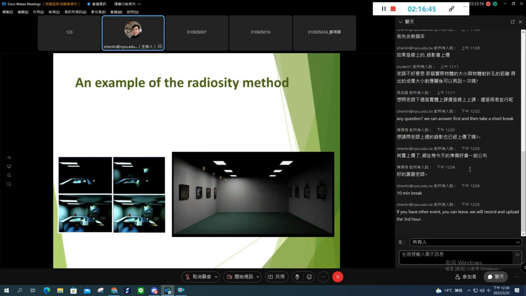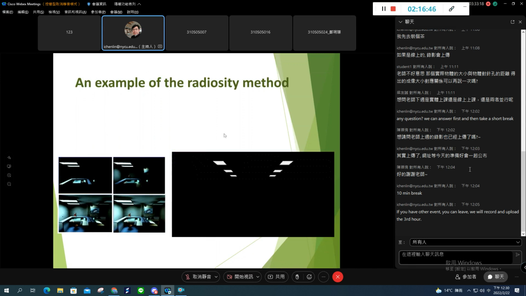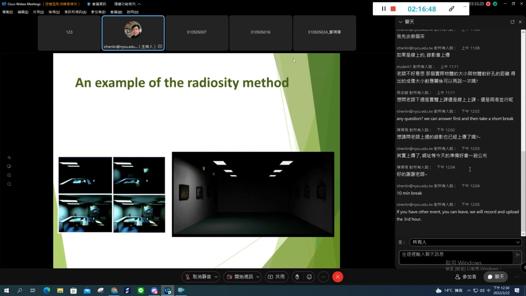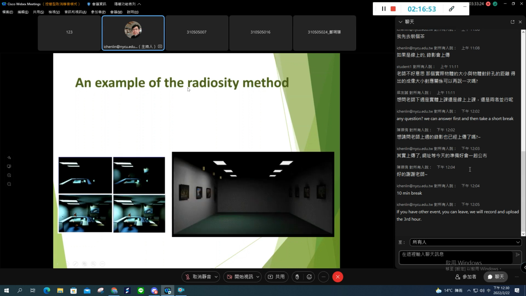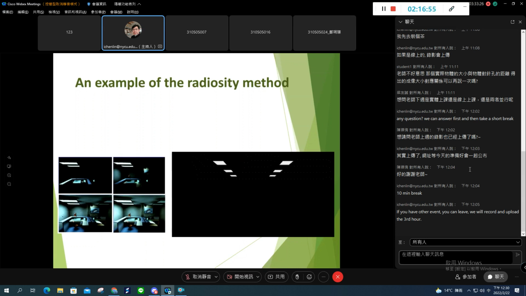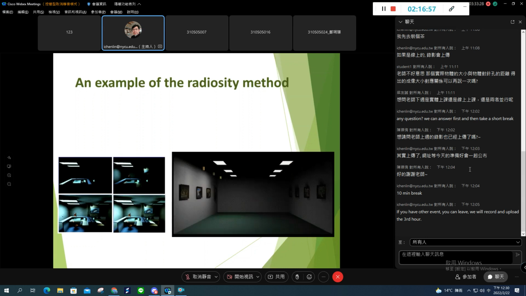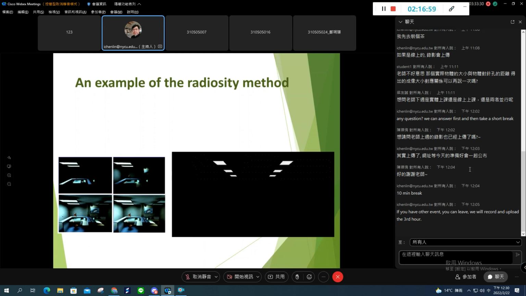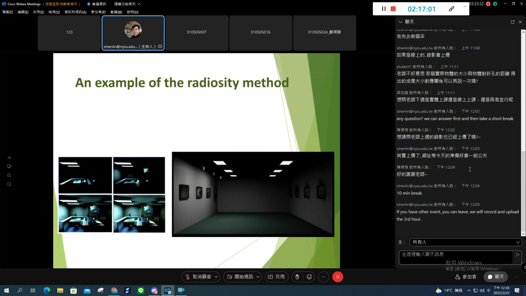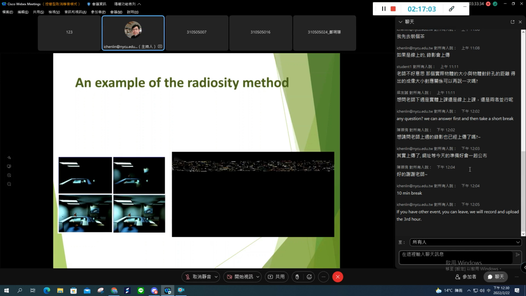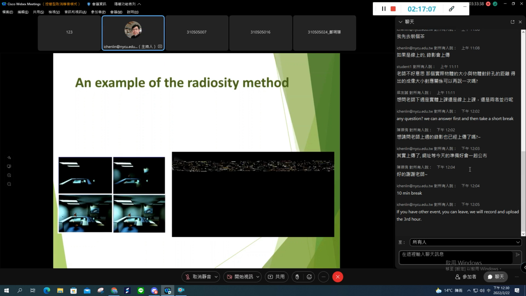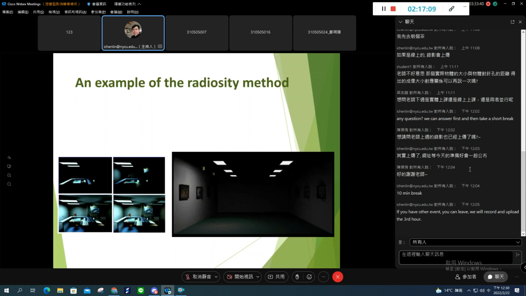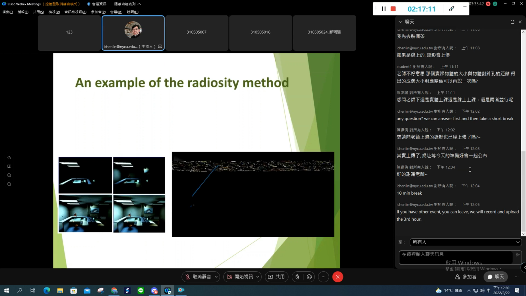Here is an example of a graphics algorithm called radiosity, which means we can illuminate the whole scene through some patches. Anyway, you don't have to know the details, but you can see that the light emits sunlight and it is reflected to some surface.